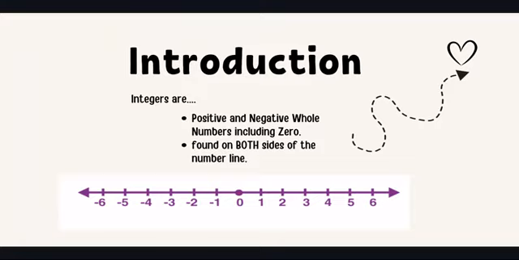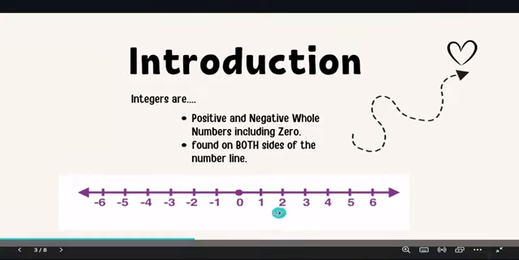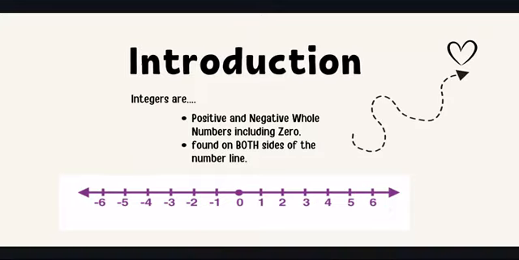The first thing that I need you to remember is that integers are positive and negative whole numbers, including zero. The integers are found on a number line. All of the counting numbers, 1, 2, 3, 4, 5, and 6, are your natural numbers because you can count them on your hands.